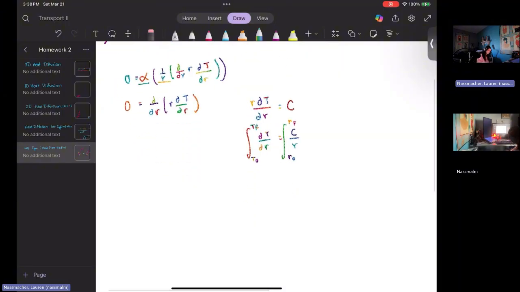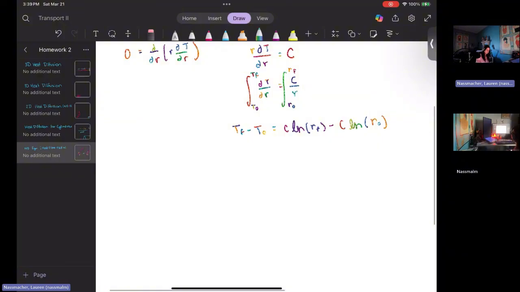That's going to get us Tf minus T0. And that's equivalent to our constant times our final minus our constant times our initial.